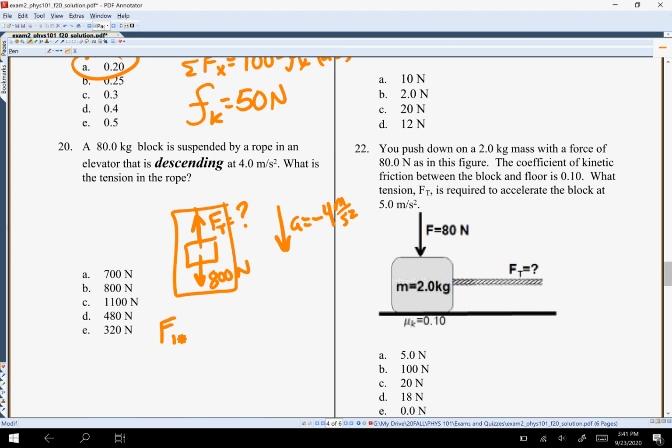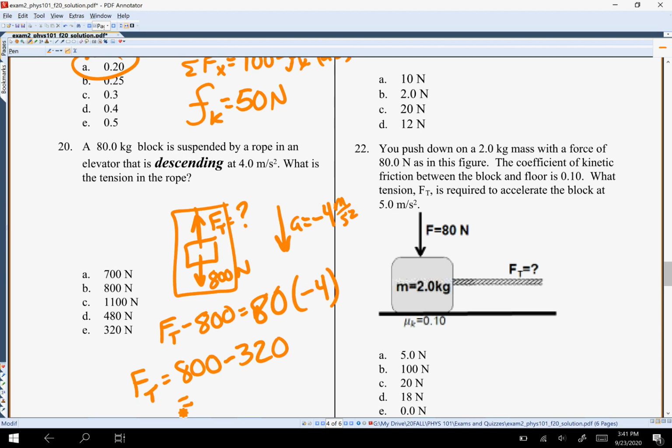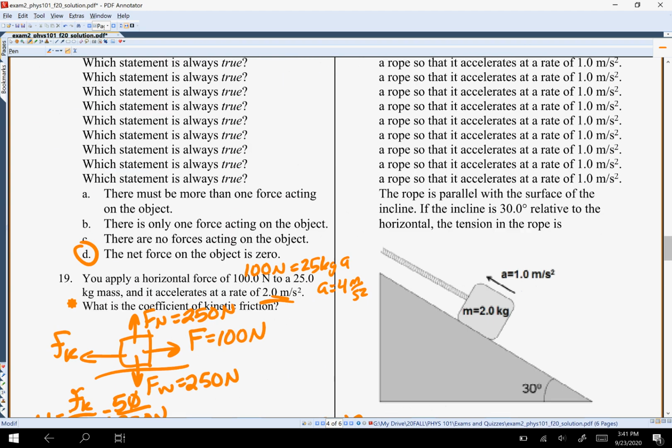So I say Ft minus 800 equals m, which is 80 times negative 4. So Ft equals 800 minus 320, which is 480 newtons. So this object feels lighter as this elevator is going down.